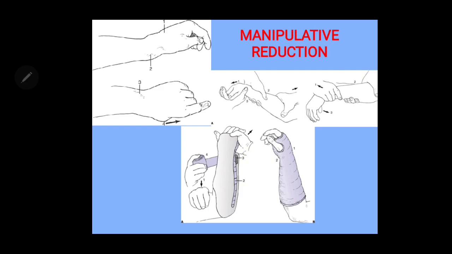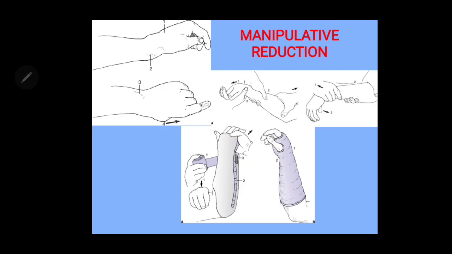The third period of treatment is so-called retention. You should keep the fracture in this reduced position until you apply the POP bandage or cast bandage, and this bandage hardens. For polyurethane casts, this period takes a longer time, sometimes 15-20 minutes even.